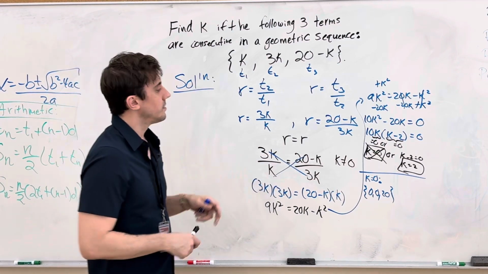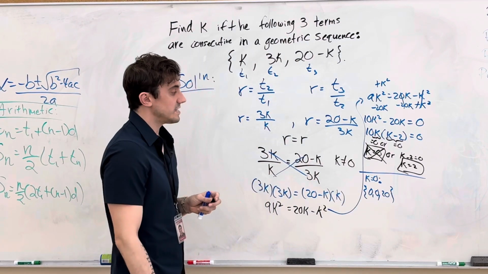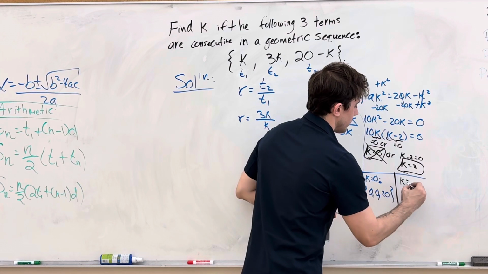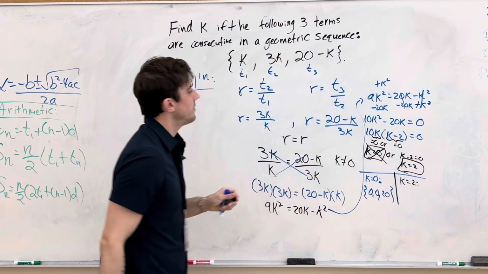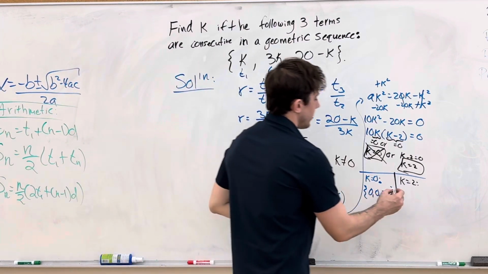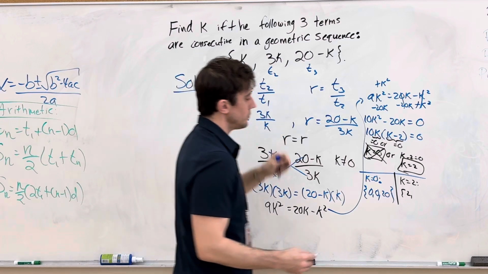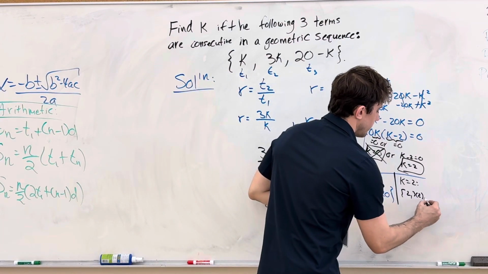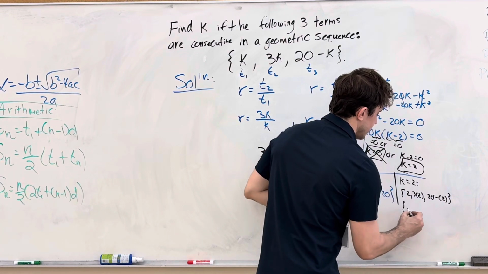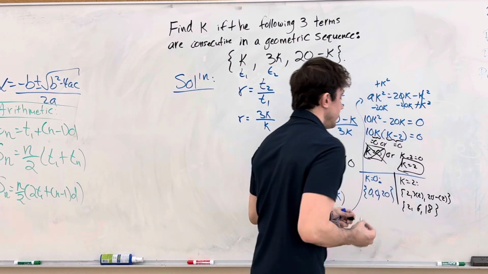Okay. The other option for a solution for k is equal to 2, that one I believe would give us a good solution. If k is equal to 2 and we plug that into our geometric sequence, our sequence is going to look like 2, then 3 times 2, and finally 20 minus 2, and that means 2, 6, and finally 18.